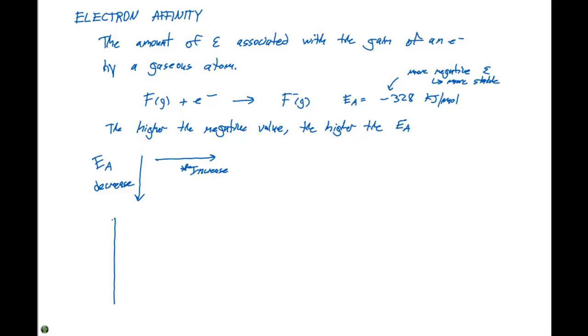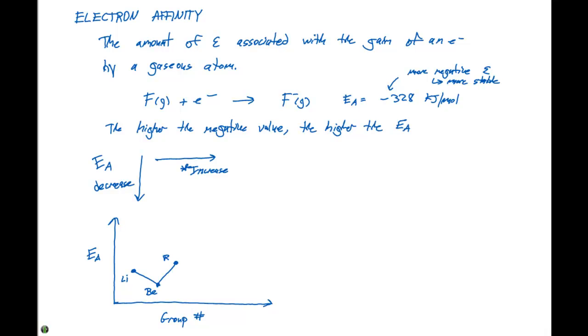So if we look at our electron affinity versus group number, we give an electron to lithium, it will take one, right? Beryllium doesn't want an electron as much, so it's going to drop off.